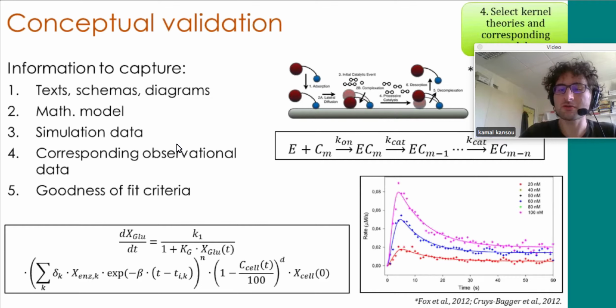This is represented here, with different kinds of representation, and you also have important results like this one with a simulation curve and data, and you need to check if the fitting is okay. So these are a bunch of important information for us to collect.